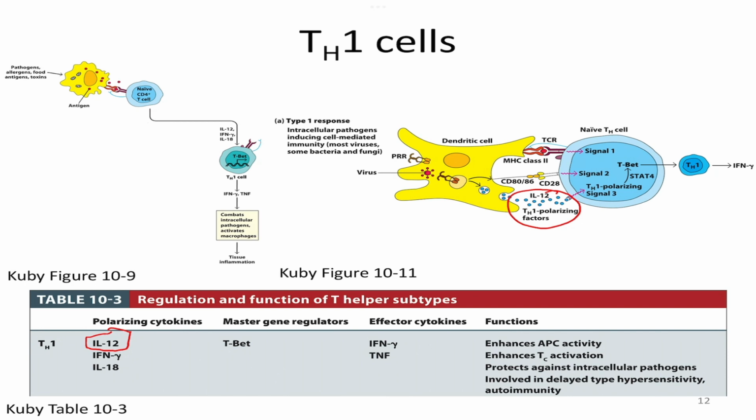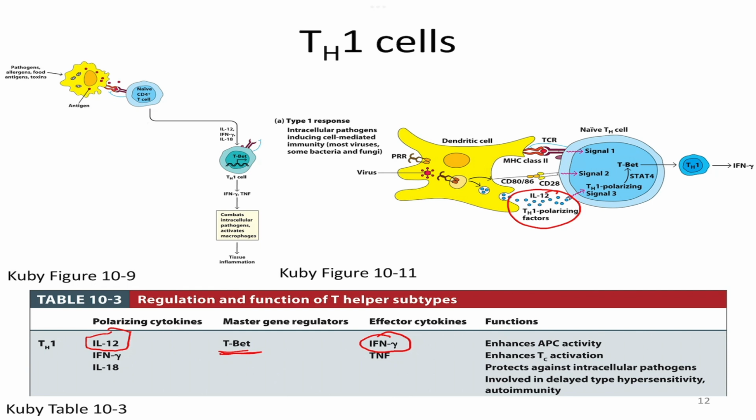When that Th0 cell receives IL-12, that makes the cell start making a new transcription factor known as T-bet. And you can see T-bet here. Once our cell starts to make T-bet, that pushes the cell towards making a particular cytokine, which is interferon gamma.